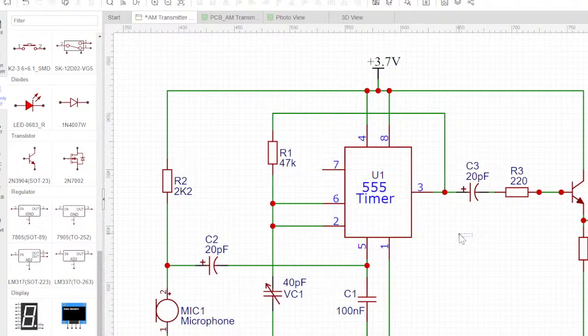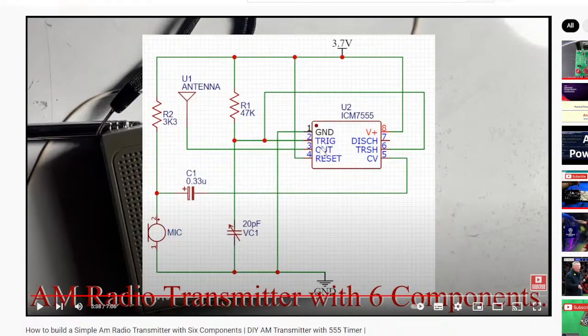But in the original design, we don't really care about that. We just make sure that we have the right connections. As you can see here, pin 4, which is the reset pin, has no resistor connected to it, and pin 7 is open.